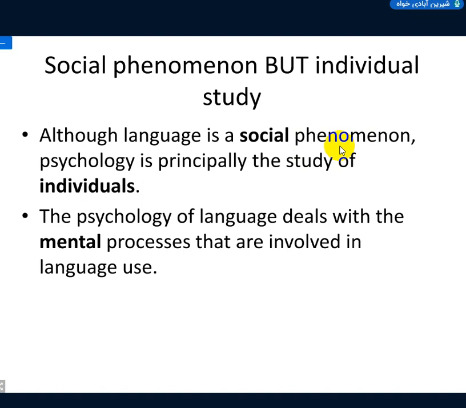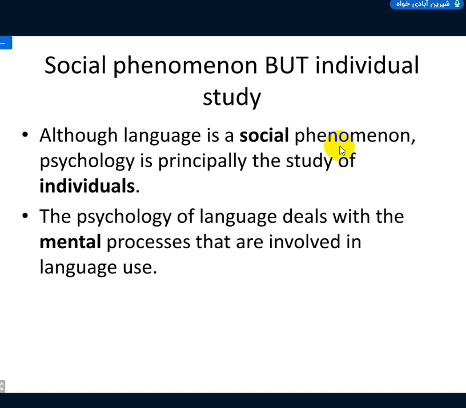Another point here is the contradiction between the construct of language and its function. Language is used for social interaction. People use language in order to communicate with each other. It is a social phenomenon. But on the other hand, from a psychological perspective, we can't study people.